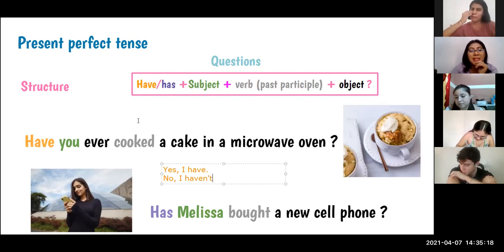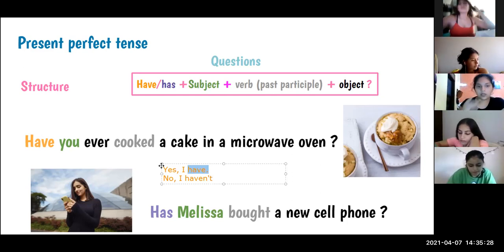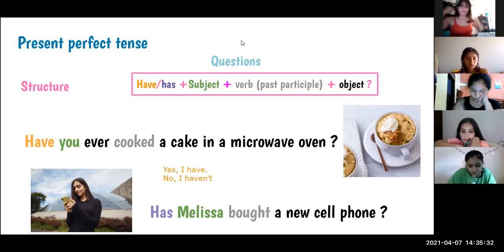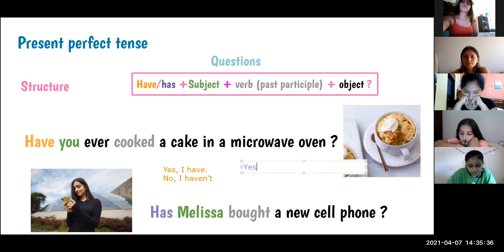Ok, recordemos que siempre debemos hacer nuestras respuestas cortas con el auxiliar que tenemos adelante en nuestra pregunta. En este caso, nuestro auxiliar es el auxiliar have. Ok, y si fuera para she o para he, ¿cómo sería? Yes, she has.